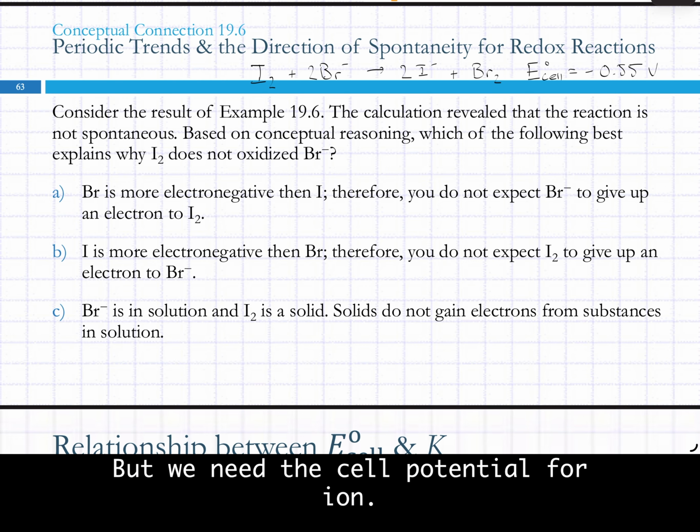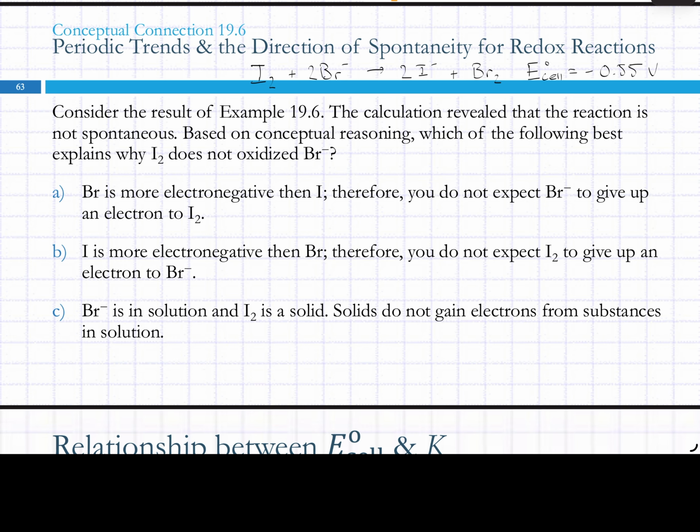But we need the potential for iron. Was this 3 plus or 2 plus? 3 plus, thank you. Negative 0.036.